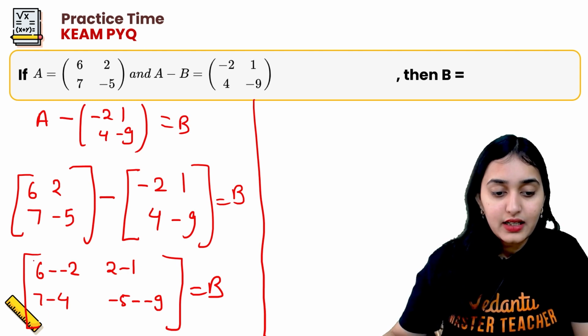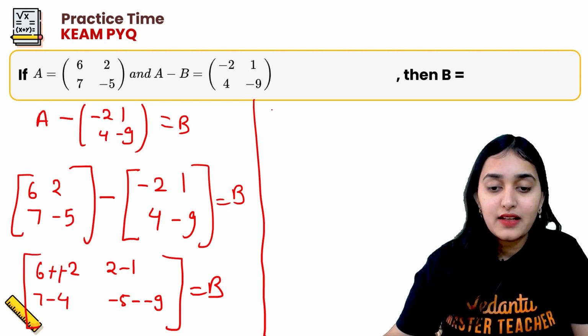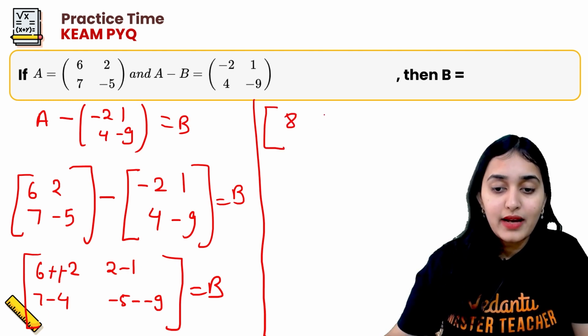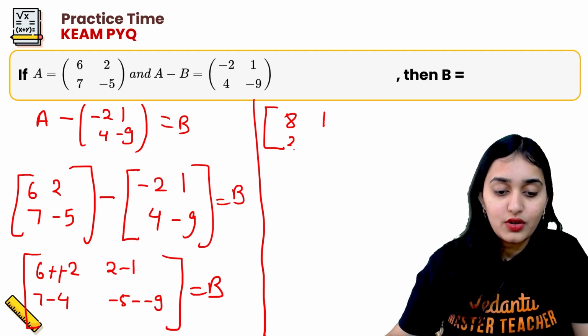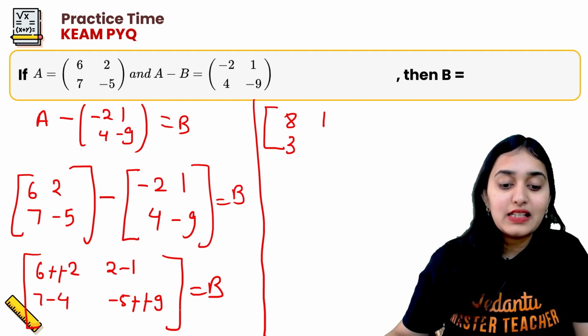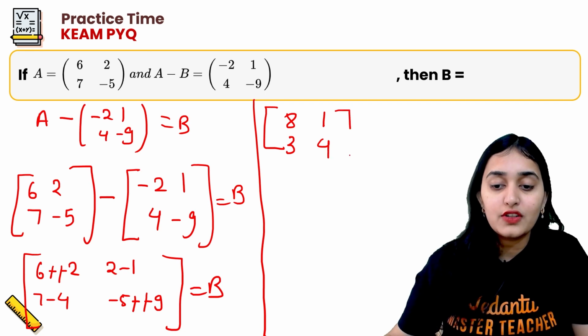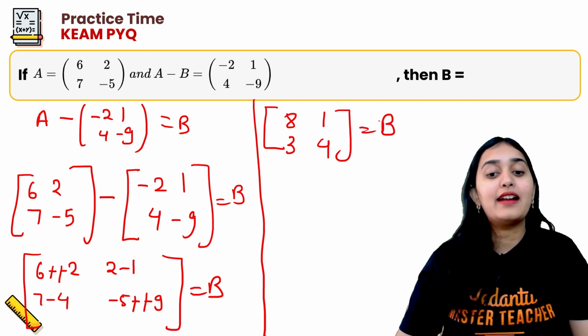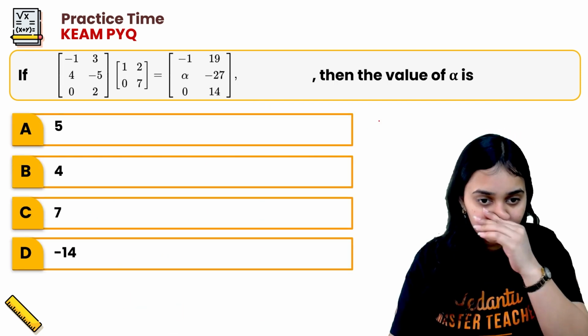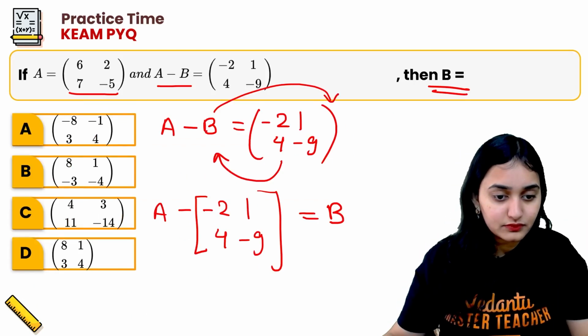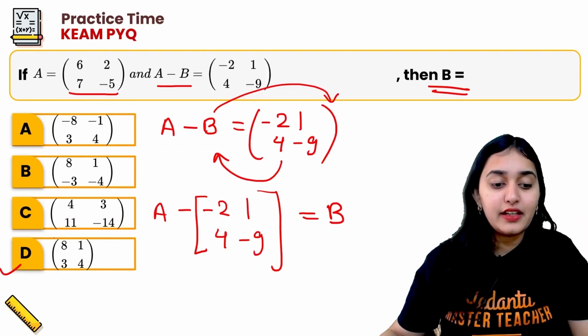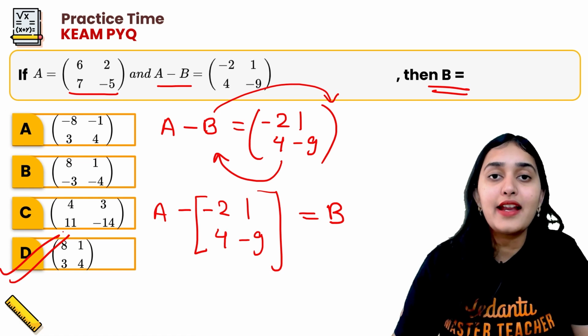So we get here 6 plus 2, 8, 2 minus 1, 1, 7 minus 4, 3, minus 5 minus 9, 4. So this is B matrix 8, 1, 3, 4. So which option? Yeah, 8, 1, 3, 4. Option D is the right answer.